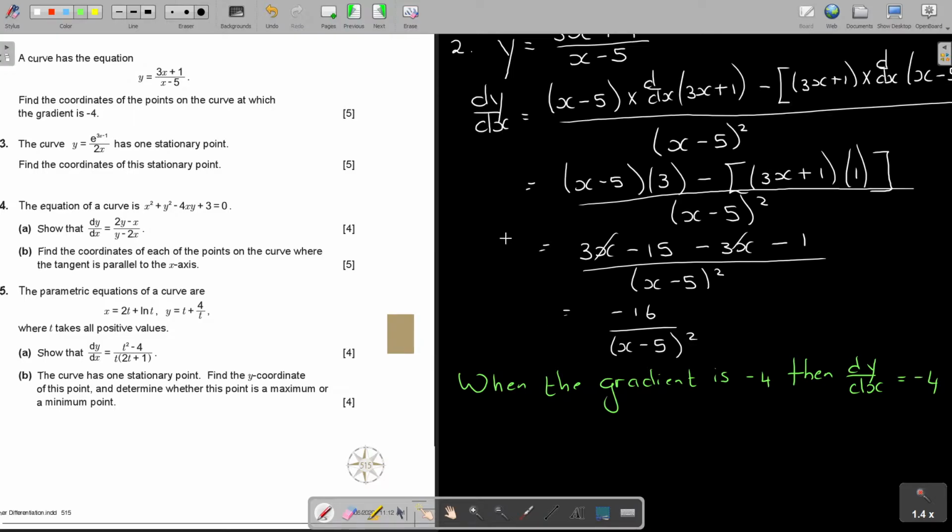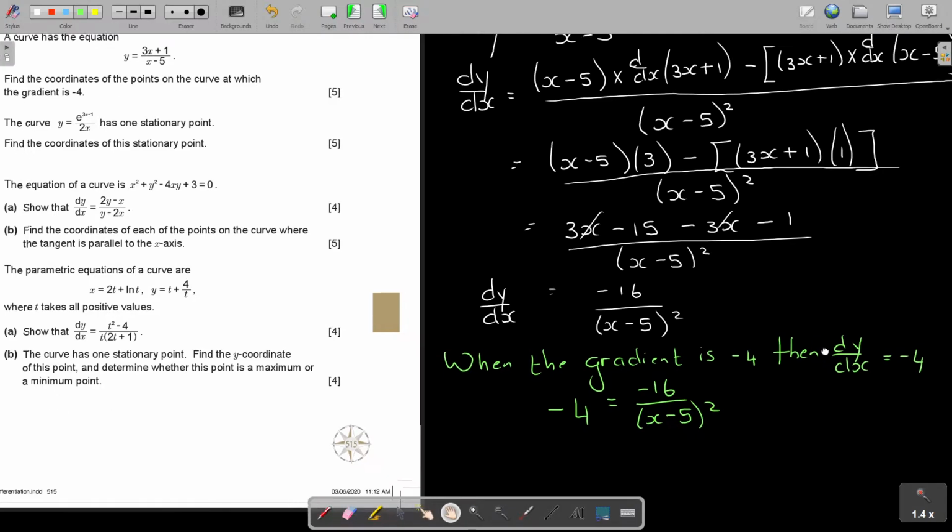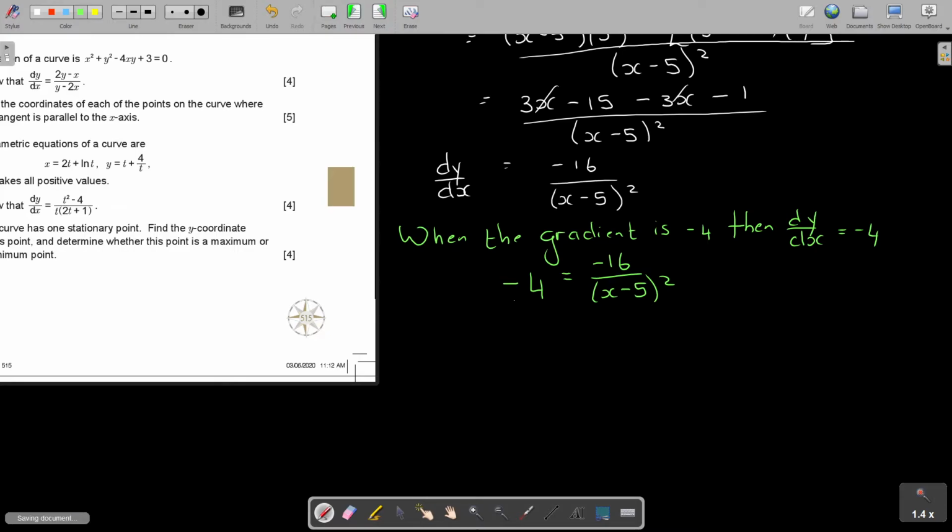So in the place of dy over dx, remember this is dy over dx, in that place I put -4. Negative 16 over x minus 5 squared. Get that value of x.